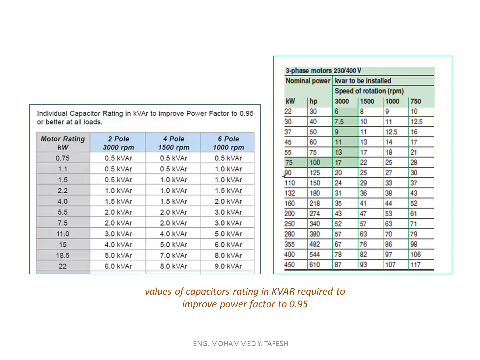If this motor is working at the speed of rotation 3000 revolution per minute, then you have to look at this table and go to the market and buy power capacitors of 17 kVAR. Then you have to connect it in parallel with the motor. These values are calculated; we learned before from the calculations and the equation.